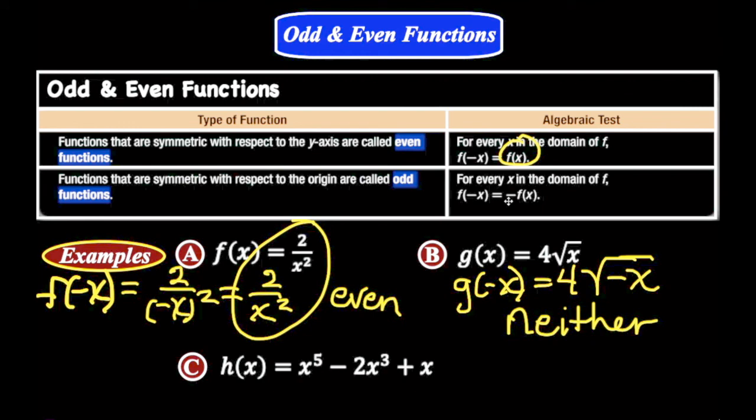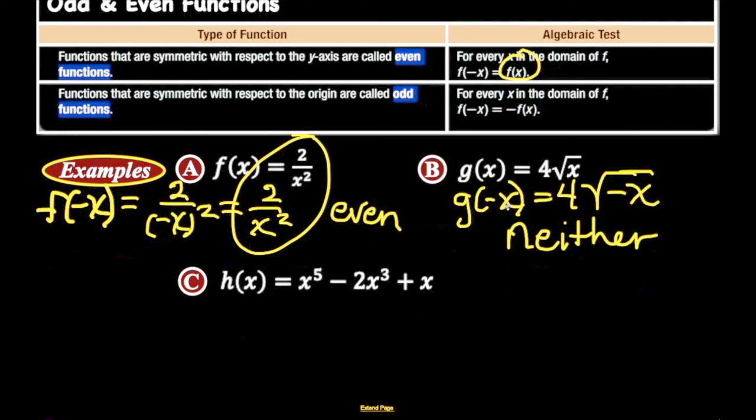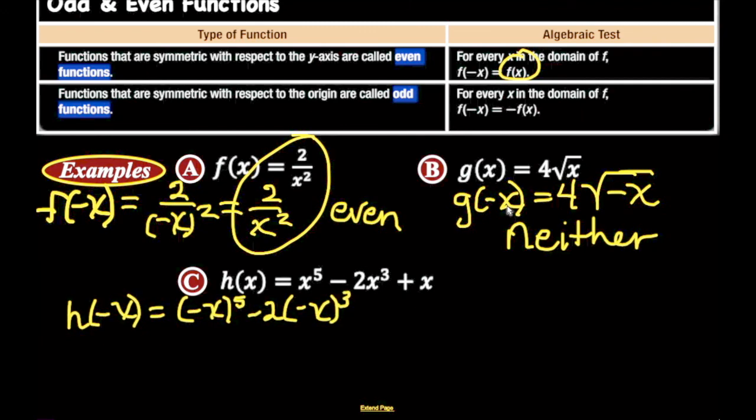And the last one, letter C. When we plug in negative x, h of negative x is equal to negative x to the 5th minus 2 times negative x to the third plus negative x. Remember, a negative number to an odd exponent is negative the thing to that power.